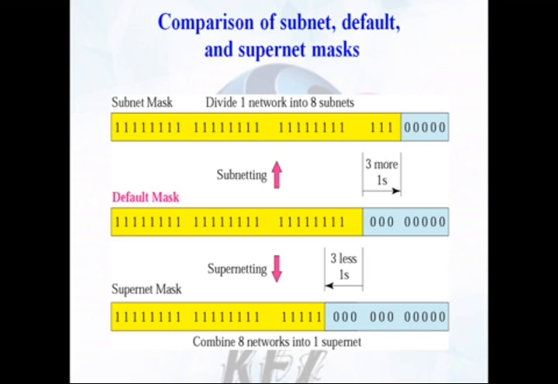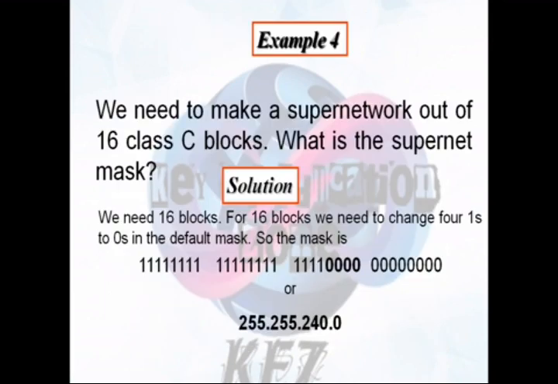Got it? 3 fewer ones in supernet and 3 more ones in subnet. So you can divide one network into 8 subnets, and 8 networks give you one supernet. So let's take one example. It will be very clear to you.